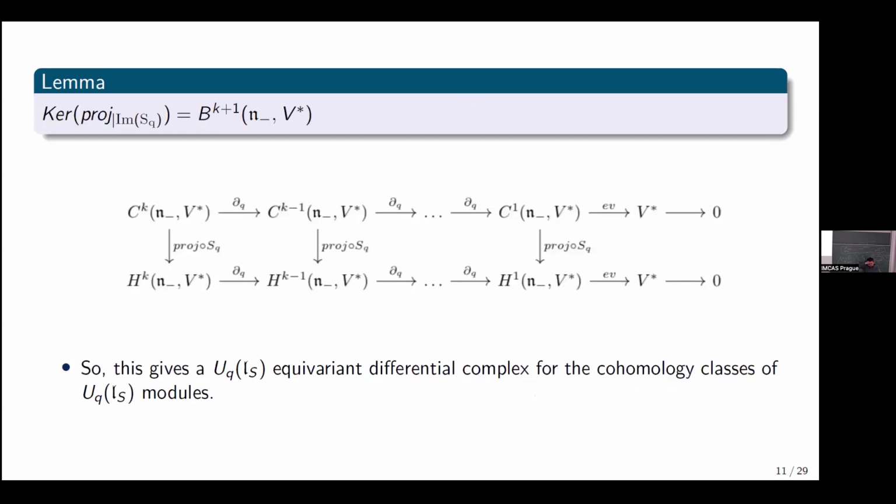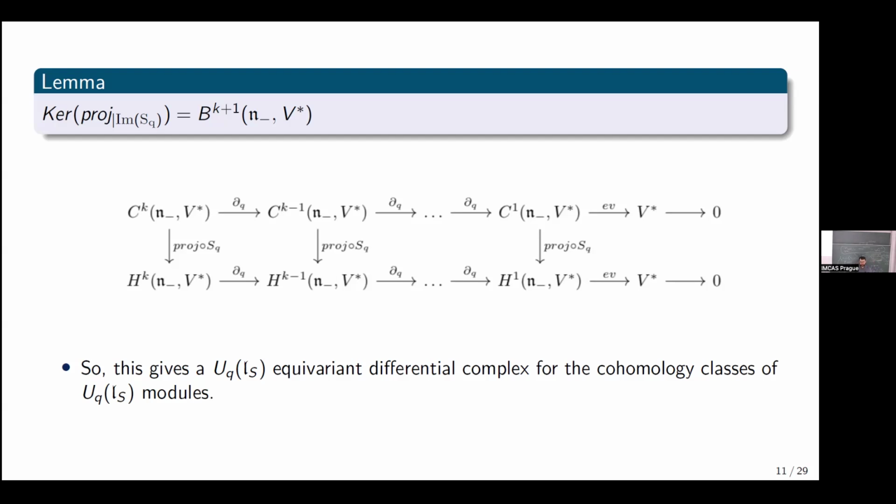And finally, we should know the kernel of this projection, because we are landing towards the sequence, the cochain complex you are seeing here. So the lemma says the kernel of this projection composed with SQ is the image of the del Q dagger at the level of k plus 1.